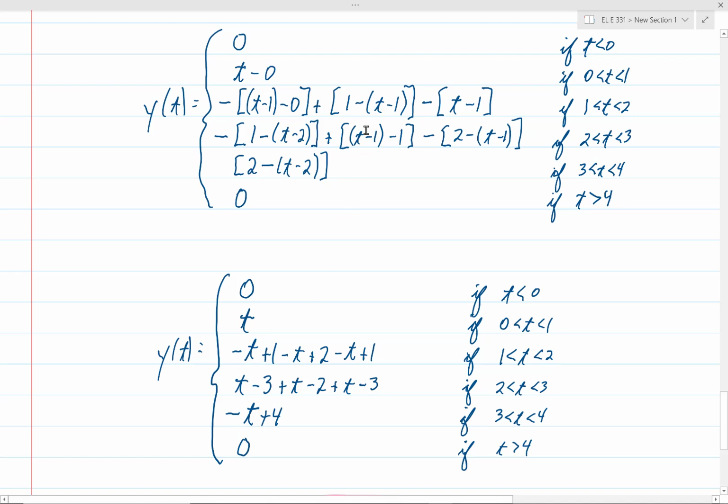Okay, here's a t, and minus 1 and minus 1 is minus 2. And here we have negative of negative t, so that's positive t right there. And here we have negative of negative 1, so that's positive 1, and 2 is 3.